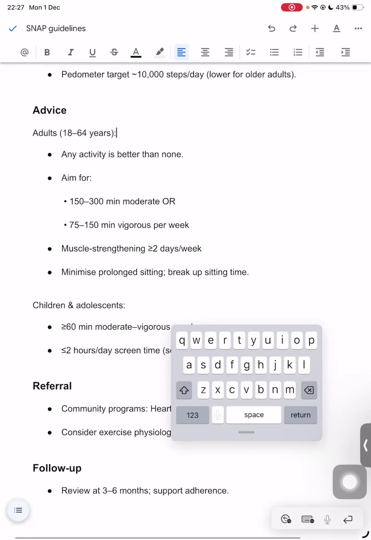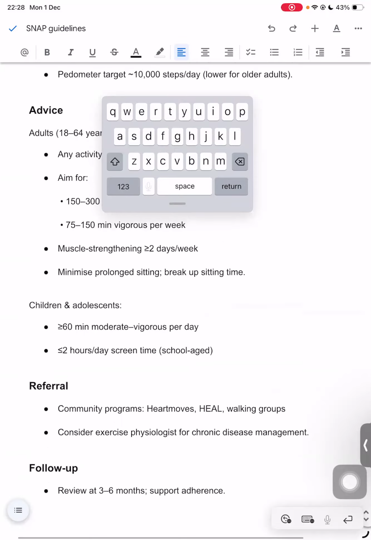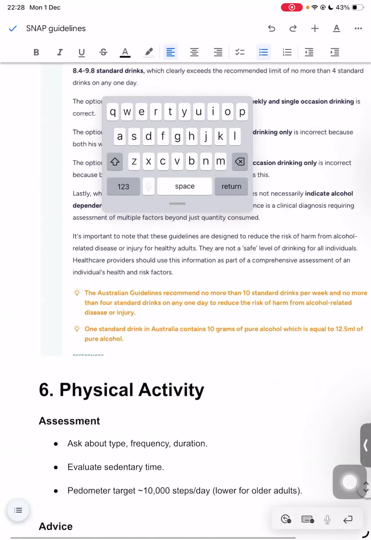Minimize prolonged sitting and break up sitting time, like that we can advise. But for children and adolescents, more than 60 minutes of moderate to vigorous activity per day and less than 2 hours per day of screen time for school age. And review in 3 to 6 months. That's not more important.